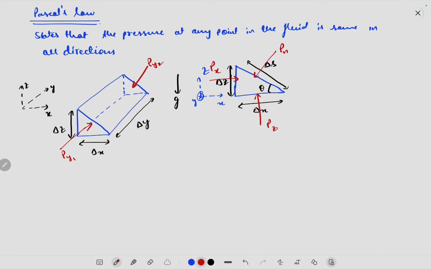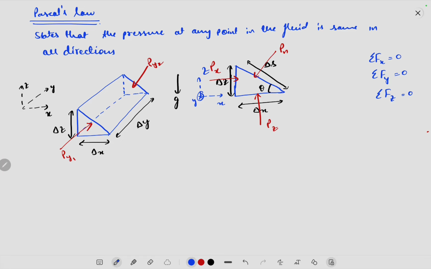Okay, now if this wedge-shaped fluid element is in equilibrium, this would mean that all the forces should cancel out each other, right? That is, summation of all the forces along x-axis should be 0, along y-axis should be 0, and along z-axis should be 0, right?